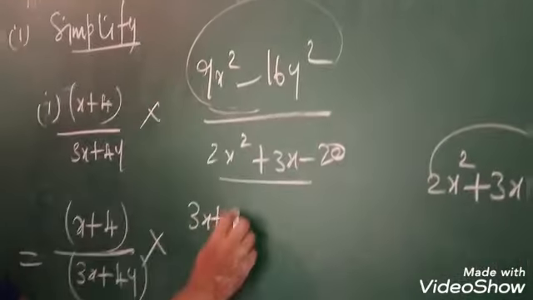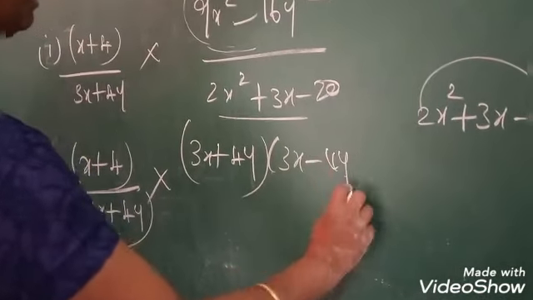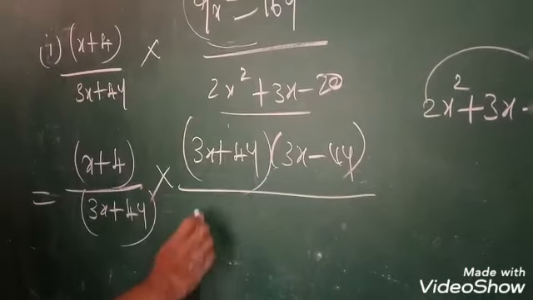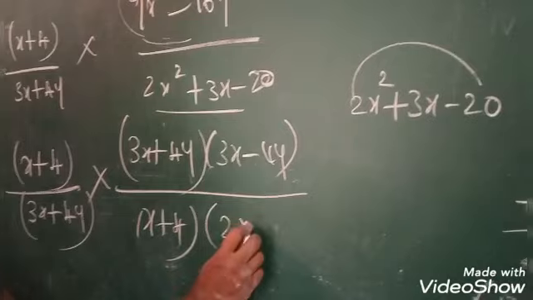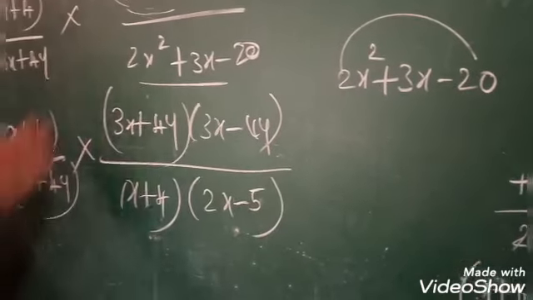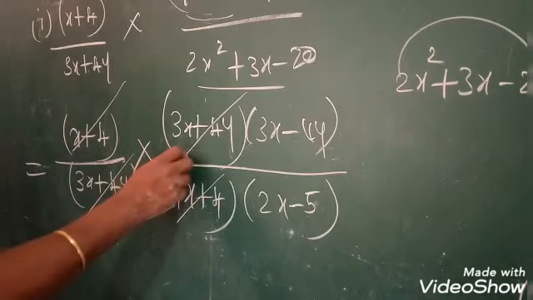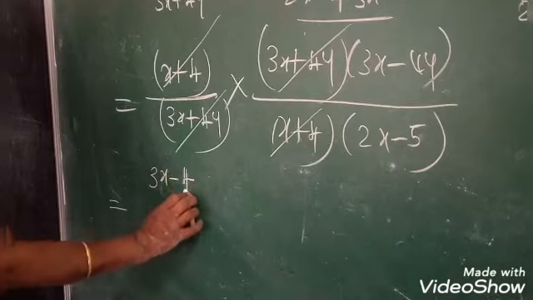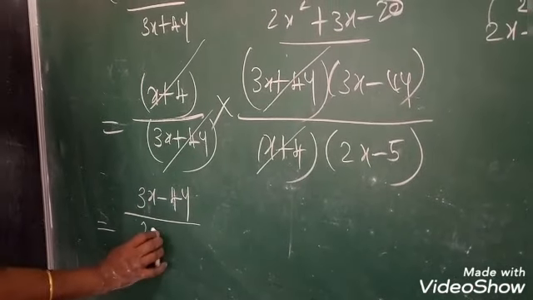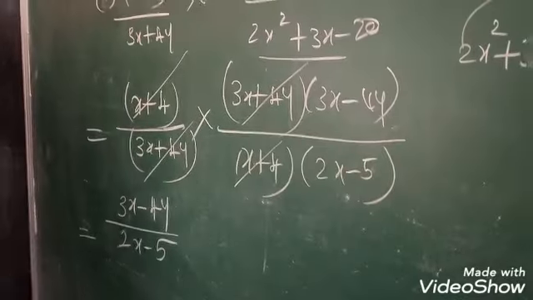Yes, 3x plus 4y and 3x minus 4y. Then the denominator also you factorized. What is the factorized form? Yes, x plus 4 and 2x minus 5. Now the x plus 4 cancels. Then 3x plus 4y cancels. The remaining is, the numerator 3x minus 4y divided by 2x minus 5. Okay girls, have you all understood?